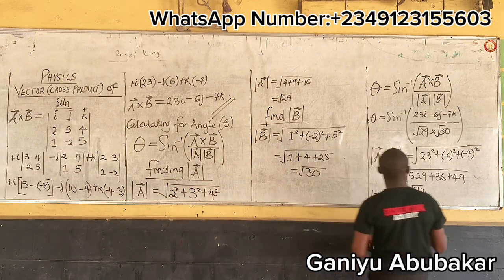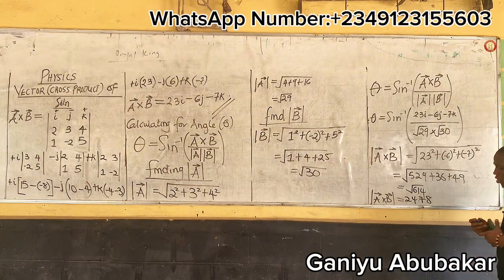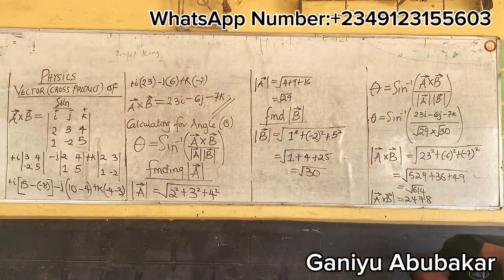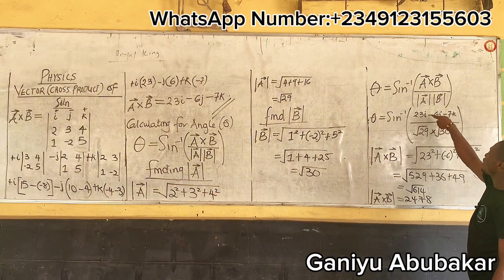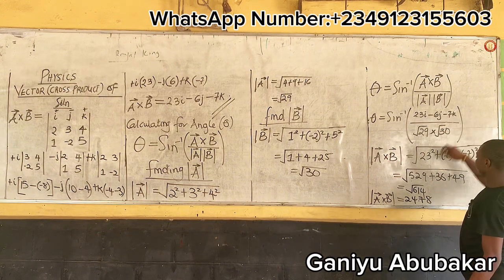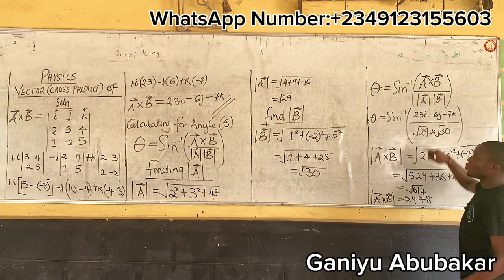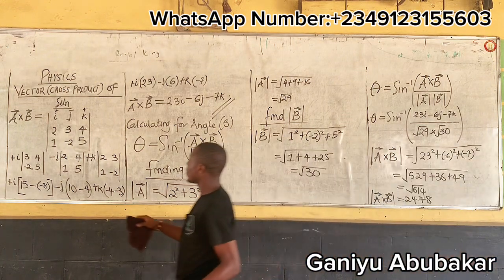Perhaps I can choose to get the values in decimal. So we're done now. From here, I will not put this value inside here, instead I'll put this value in place of this one here, and that's all.